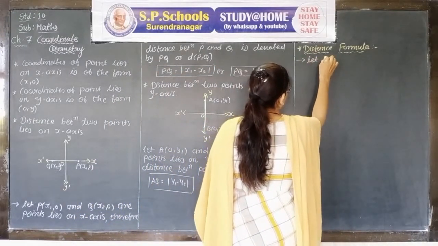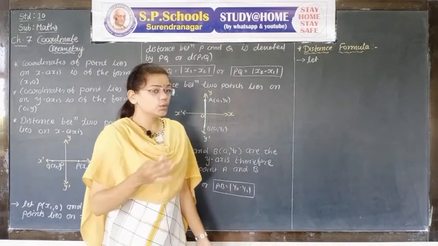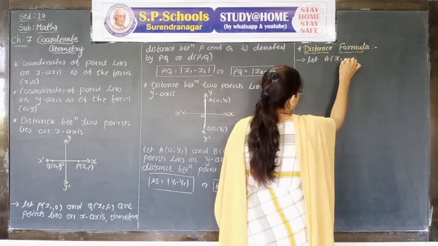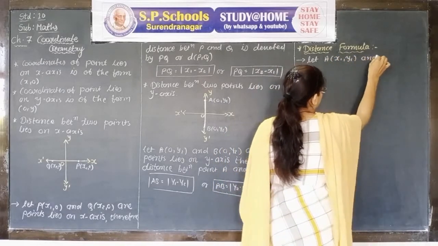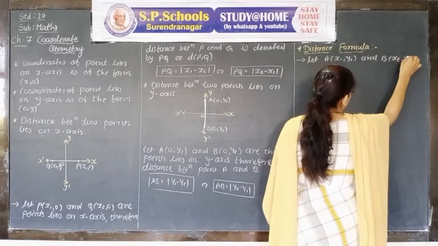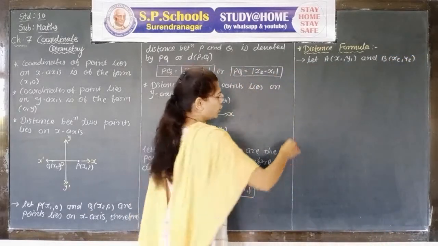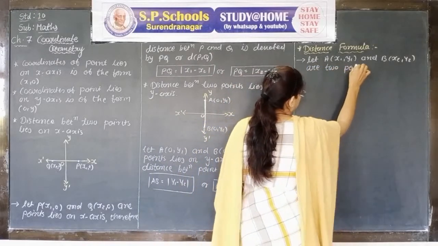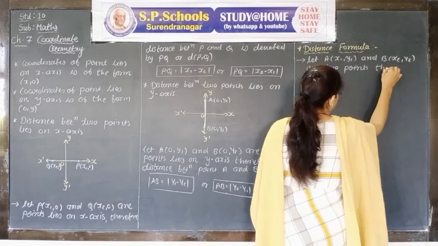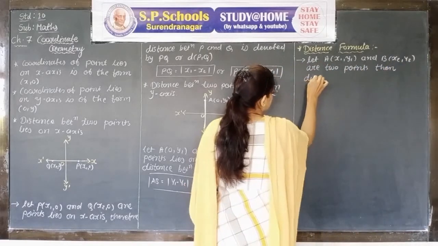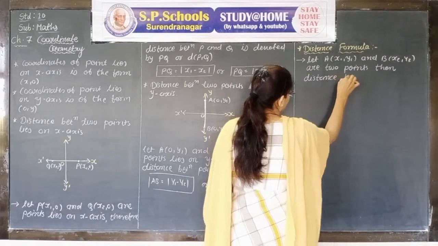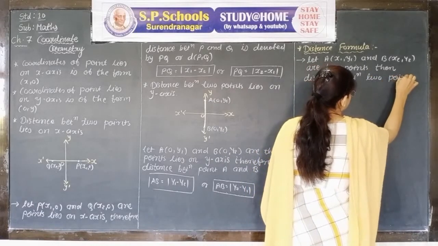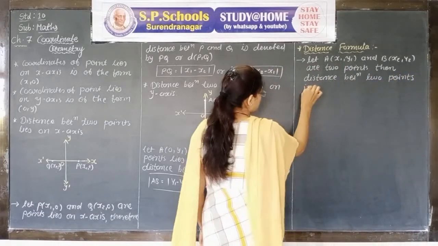Let A, B, P, Q, X, Y be any 2 points. Let A (x1, y1) and B (x2, y2) be 2 points. Then the distance between the two points is AB.